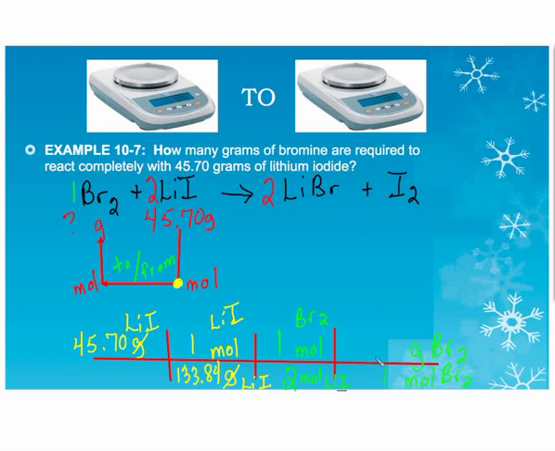I want grams of bromine. 1 mole is 159.8 grams. Okay. And if we crank through all of that algebra and round it to the correct number of sig figs, we get 27.28 grams of bromine.